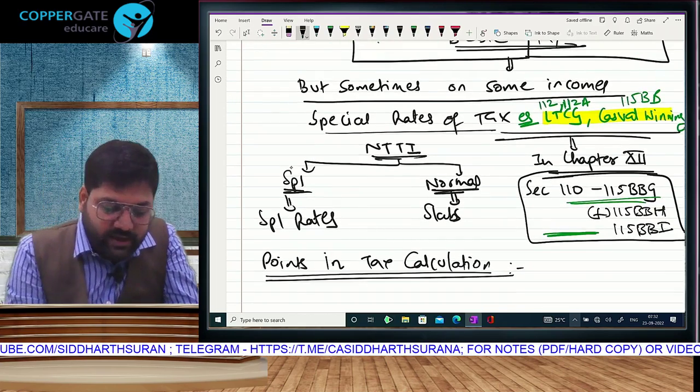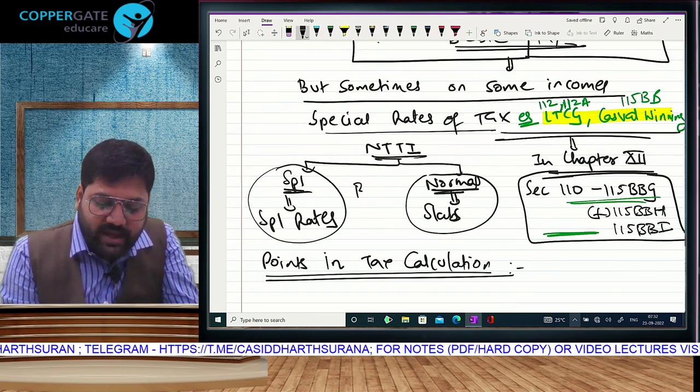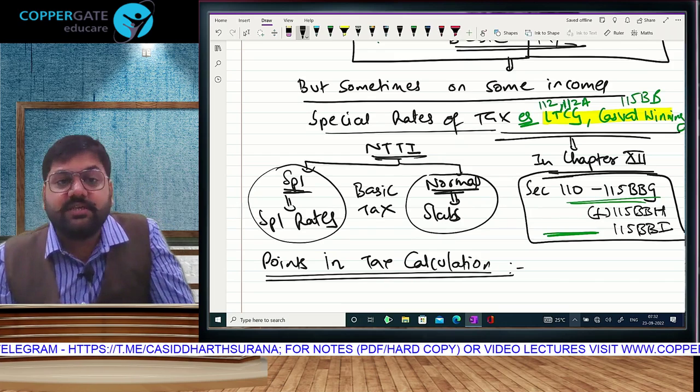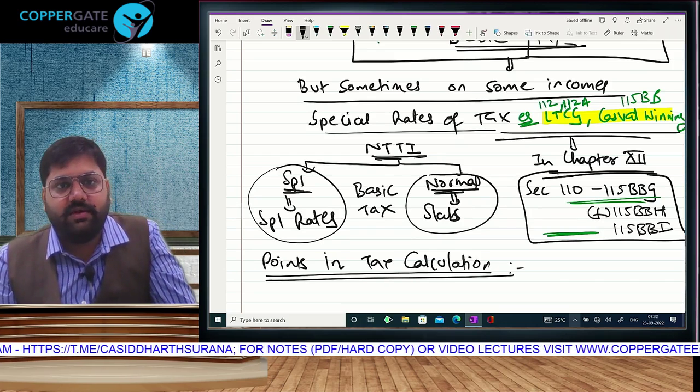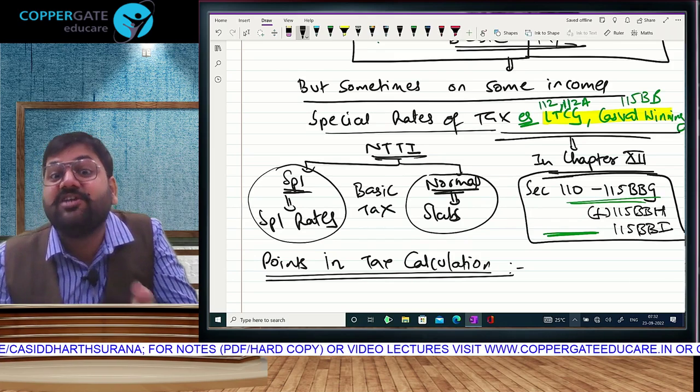Whether it is at normal rates or special rates, it is basic tax. This is not the final tax liability of the assessee. The tax that we have calculated is going to undergo certain changes.